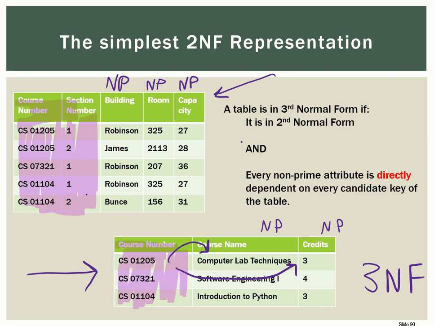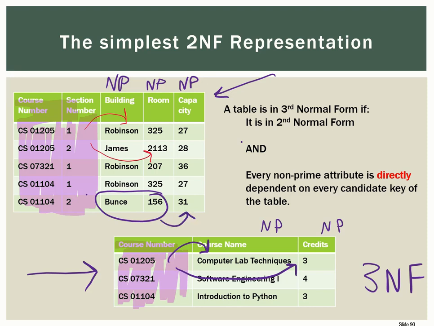So if I know the course number and the section, that will determine the building. That will also determine the room. And yes, the course number and the section will also determine the capacity, but not directly. The direct relationship is between the actual building and room together. Those two fields directly determine the capacity.